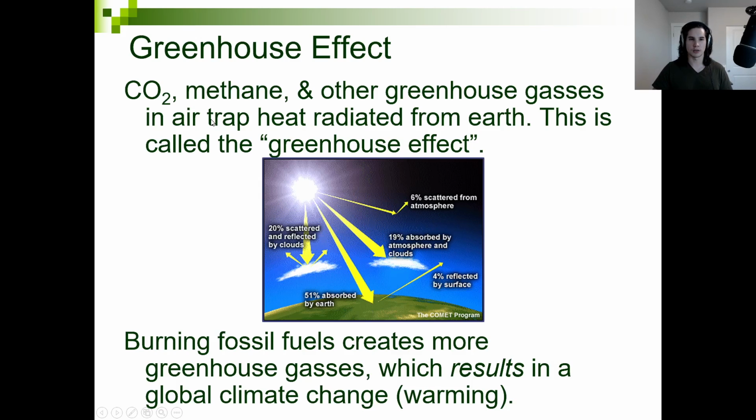However, when we have a lot of CO2 or greenhouse gases, which cloud up our atmosphere, instead of bouncing off of the Earth and moving off into space, it hits those greenhouse gases and moves back to Earth, and it stays on Earth for longer, which causes greater heat retention. So burning fossil fuels creates more greenhouse gases, which results in global climate change.